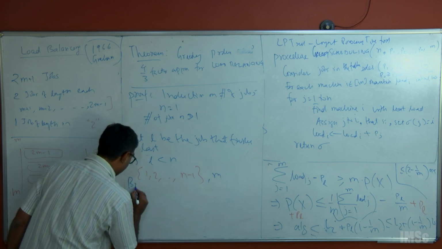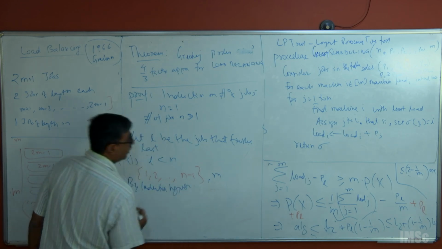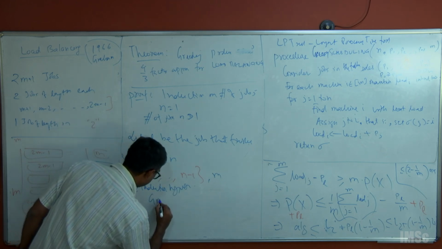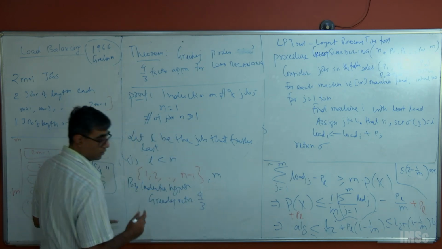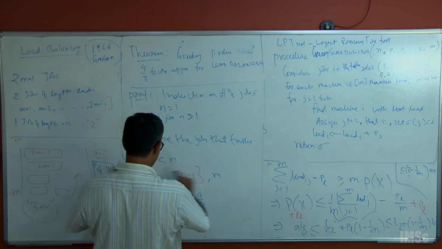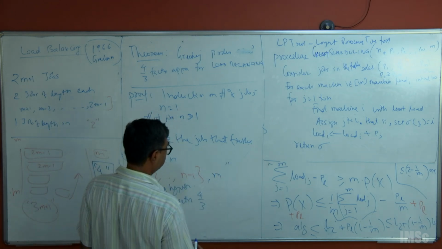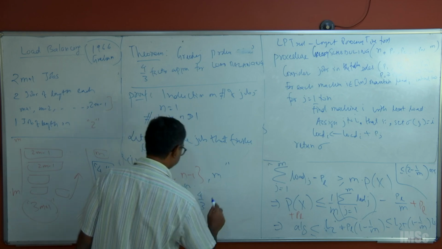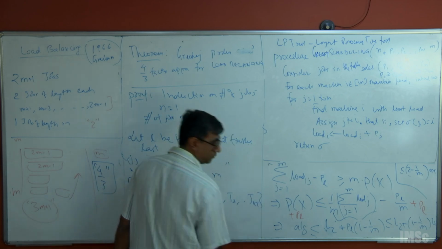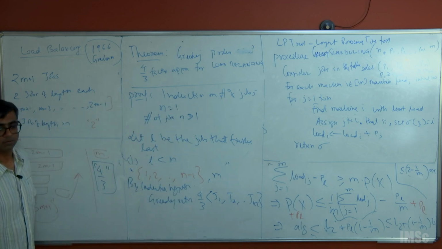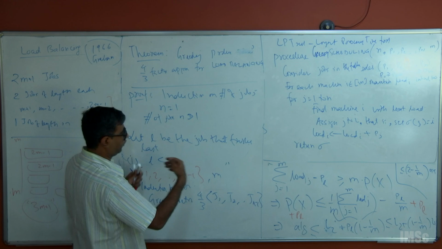So, by the induction hypothesis, greedy returns a 4 by 3 approximation with respect to job 1, job 2, up to job n minus 1. Right? Greedy returns me this.